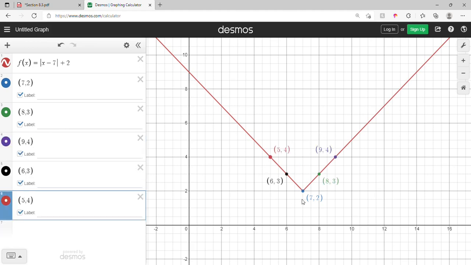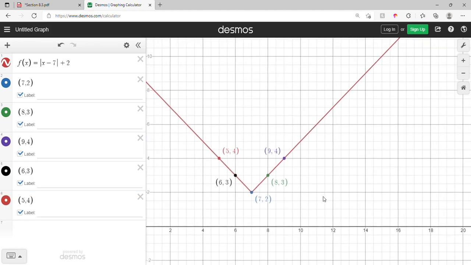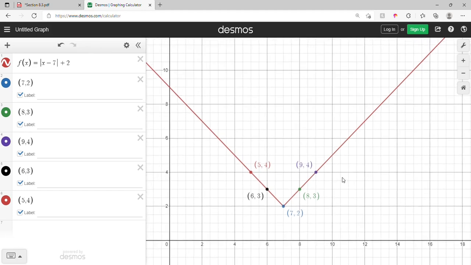And so we can add some more points, 9, 4. So those are all of those points that we worked so hard to get, and it does lie on our absolute value graph. Now, what is the y-intercept? Well, you can see here the y-intercept is the point 0, 9. So we can continue our pattern and see that it does cross the y-axis at 0, 9.